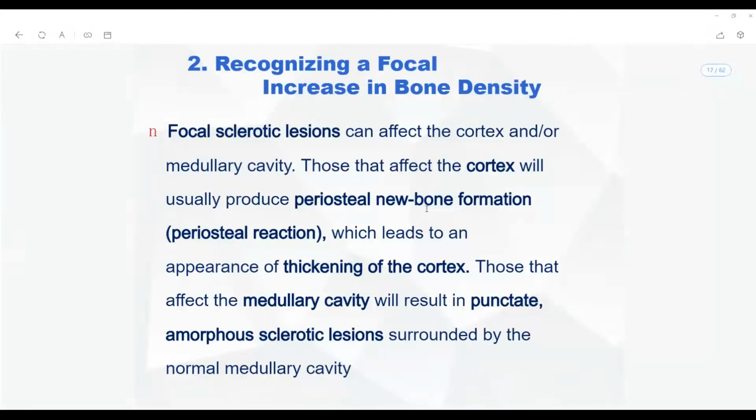It will lead to the activation of the osteoblastic cells, and they will start to form new bone. Sorry, destruction of the bone is called sequestration, and forming of the new bone is called the involucrum process. And if it is happening in the periosteal layer, we call it periosteal reaction.